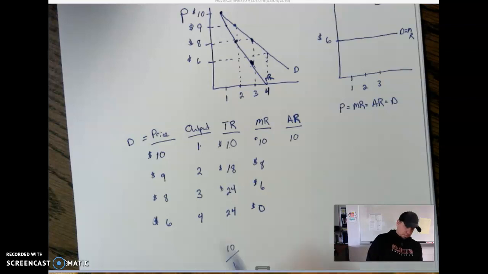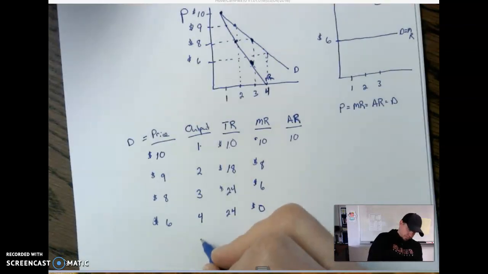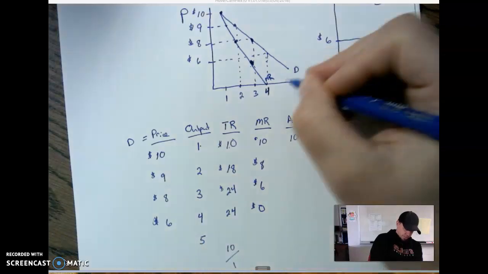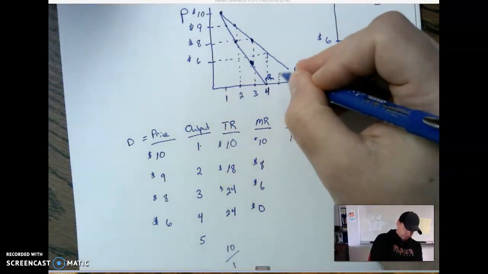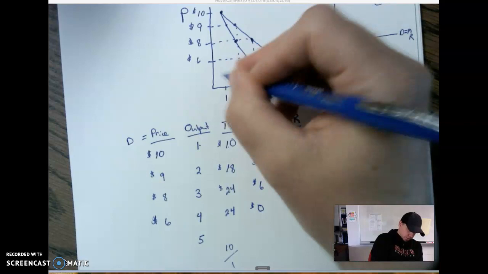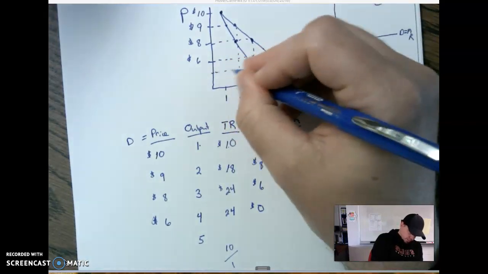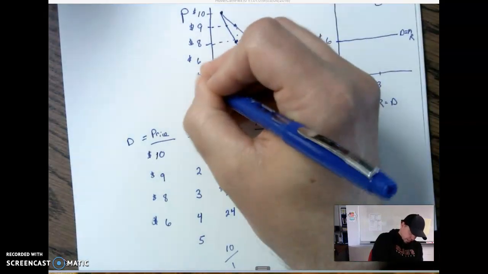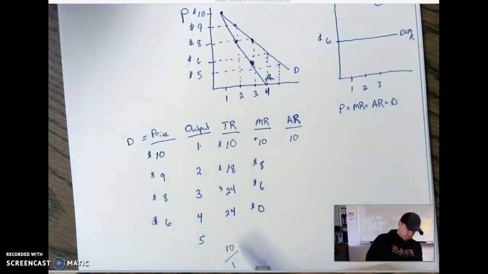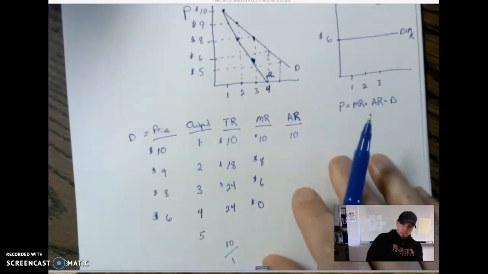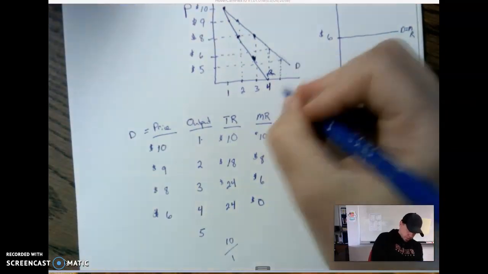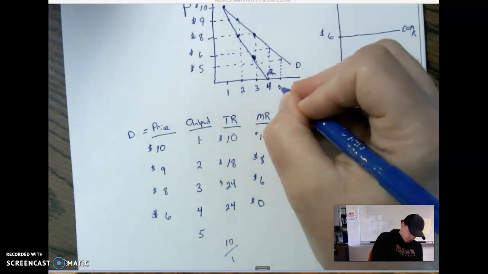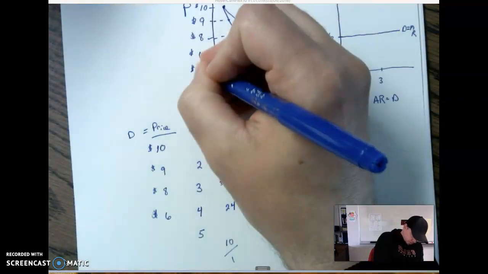And if we were going to produce a 5th unit, we come over here and produce our 5th unit, we come up and hit the demand curve, and that price would be, oops, sorry, 4.